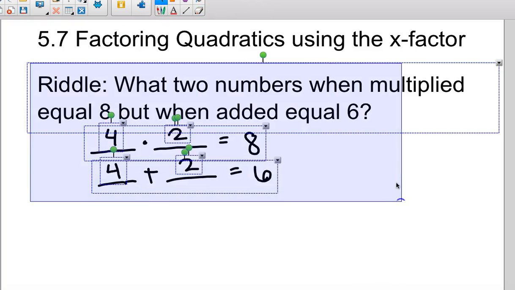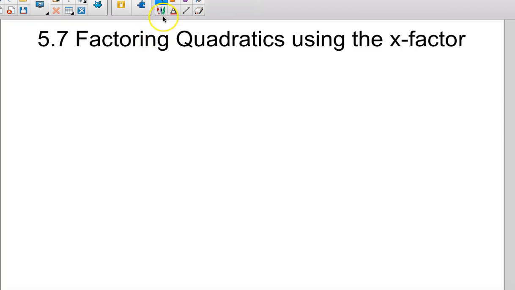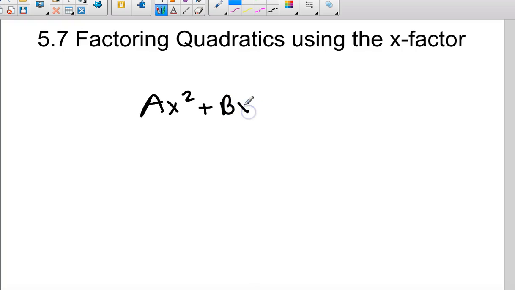So how do we factor and what are we going to be dealing with? First of all, I'd like you to write this down on your paper. The expressions we're going to deal with are ones that look like this. Remember, a quadratic is an expression that has a high power of 2. So ax to the second, that's what makes it a quadratic, power of 2, plus bx plus c.